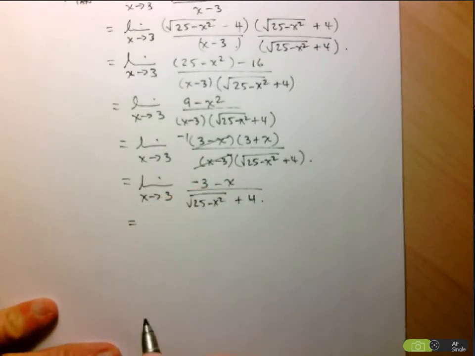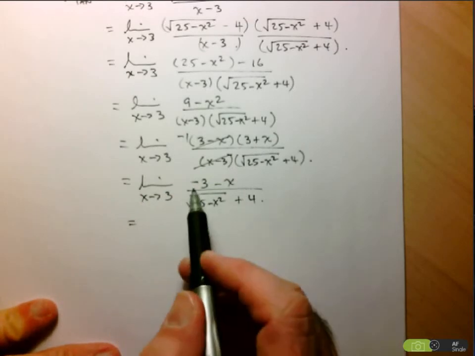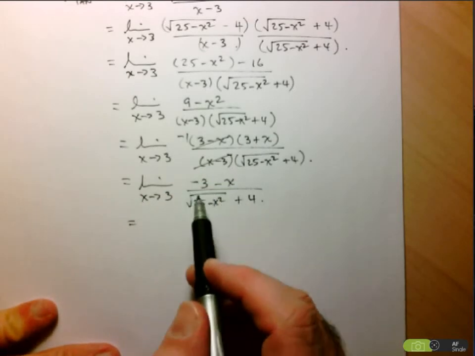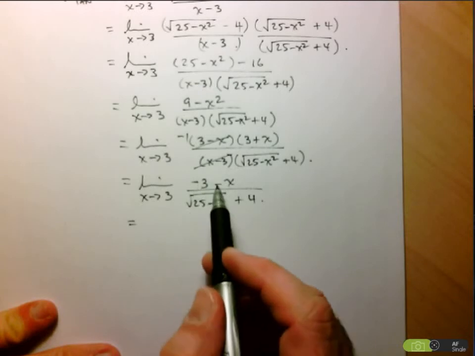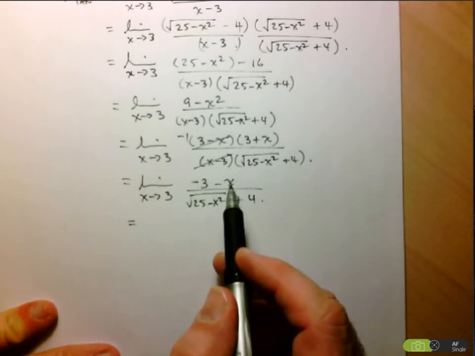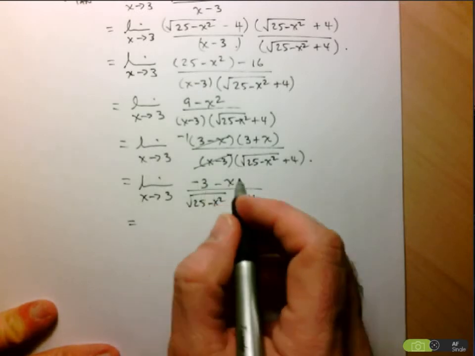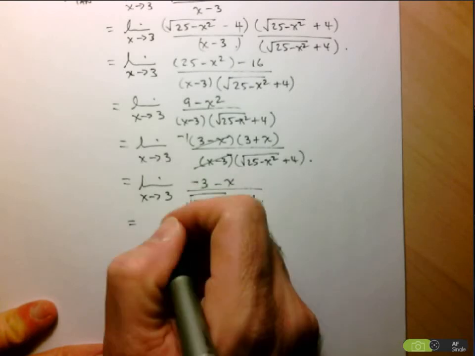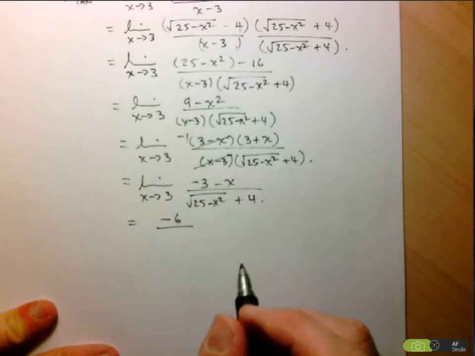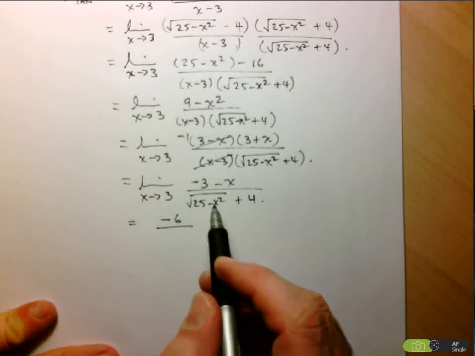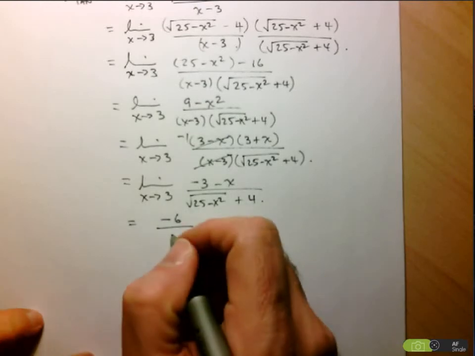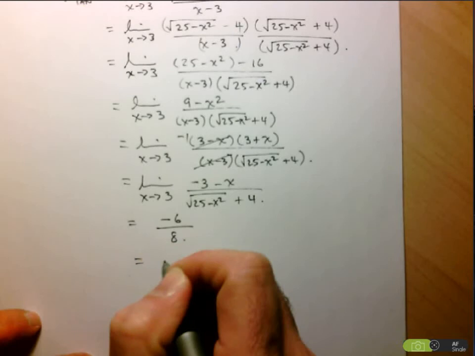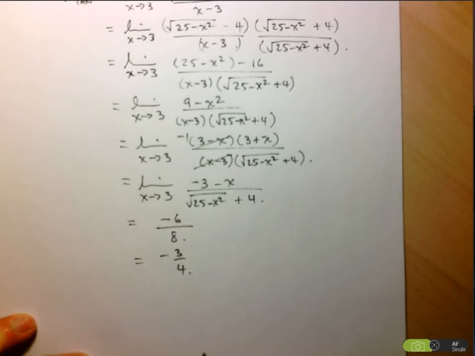So now I can start evaluating this limit, because the numerator will approach negative 3 minus 3 as x approaches 3. The numerator is going to approach negative 6, and the denominator is just going to approach 8. And so that gives us negative 3 over 4.